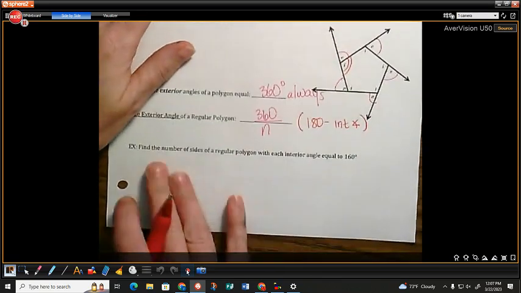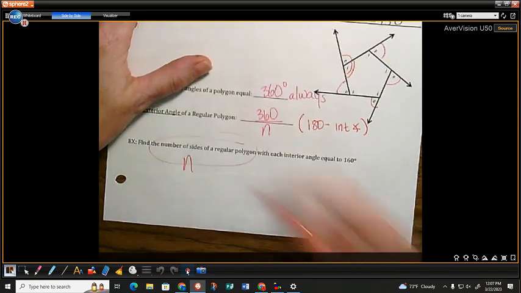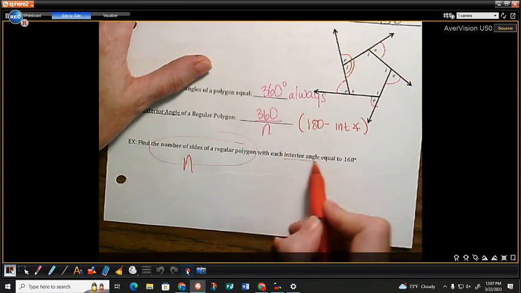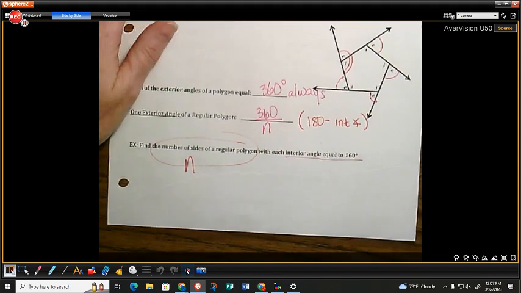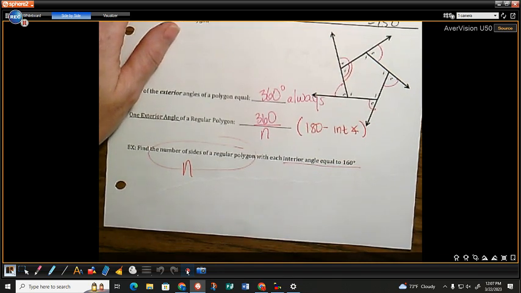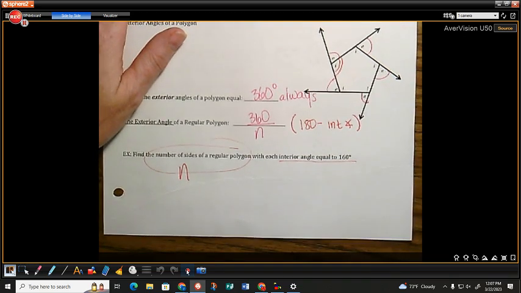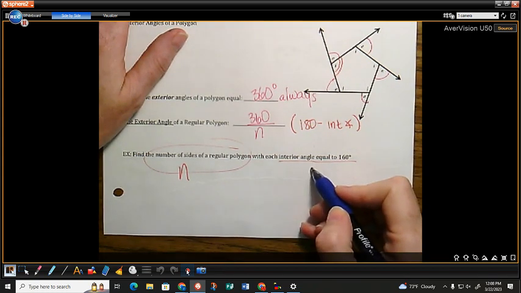Okay, so last one. Find the number of sides in a regular polygon. We know it's regular, but we don't know its number of sides, if each interior angle is 160. All I've got is interior angles. What do I know about the interior angles and the exterior angles? The exteriors add up to 360, but I was given the interior.